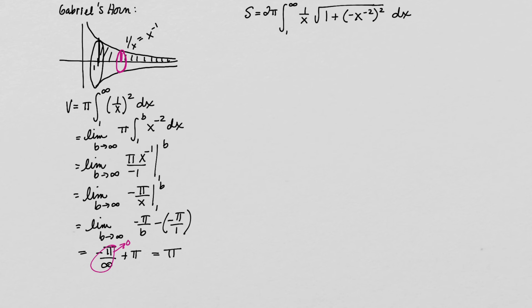Negative 1 minus 1 would be negative 2, and then we're squaring that. Does that help? I just want to make sure I answered your question before I go on.